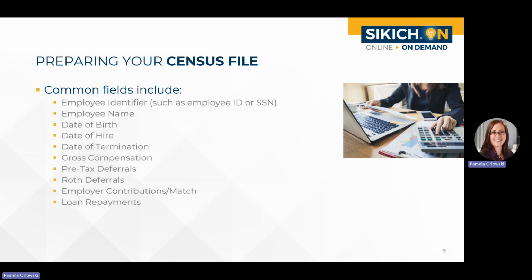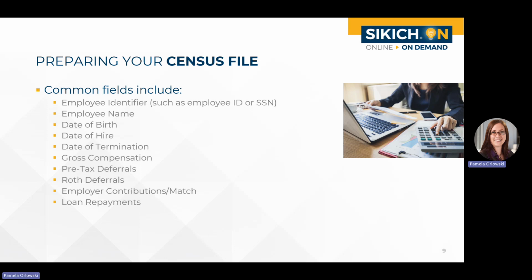So some common fields that we've included here are related to basic demographic information. So obviously some sort of employee identifier with their name in case you have people with duplicate names. They'll want date of birth, date of hire, date of termination, potentially maybe asking for a rehire date. Compensation will be necessary.